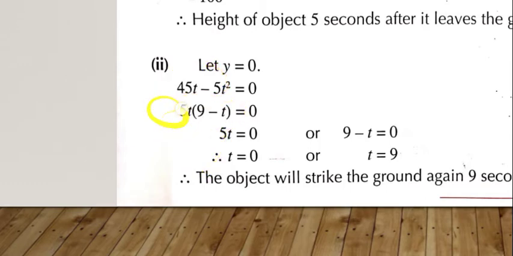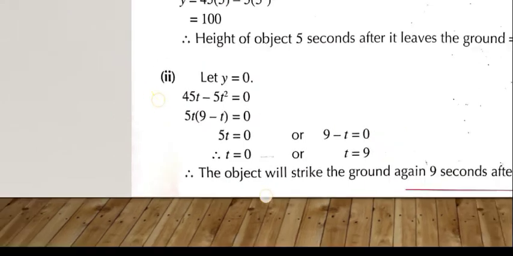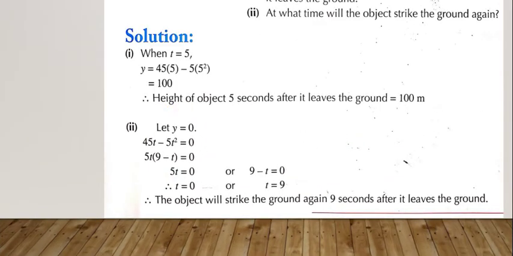So yeah, it's either 5t is 0 or 9 minus t is 0, right? So this one will be t equals 0 divided by 5, which is 0. Now for this one, you can move the 9 over, so it becomes negative t equals negative 9. So that means t is 9. So the object will strike the ground again 9 seconds after it leaves the ground.